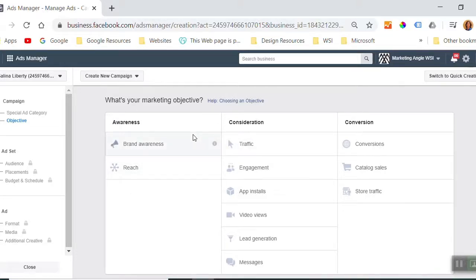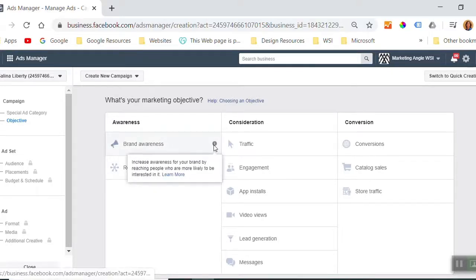And then this would be, I don't want to use too many of the marketing jargon terms, but this would be what we call at the top of the funnel, meaning do people even know about Salina Liberty football? Are they aware of it? And so that's what the objective of these are, is Facebook's going to use some of its different methods to try and get these things to happen.